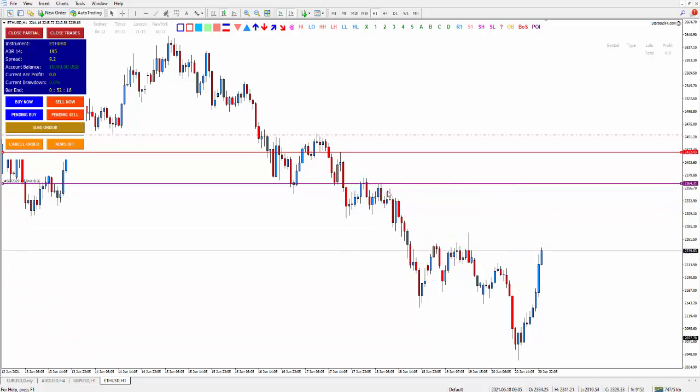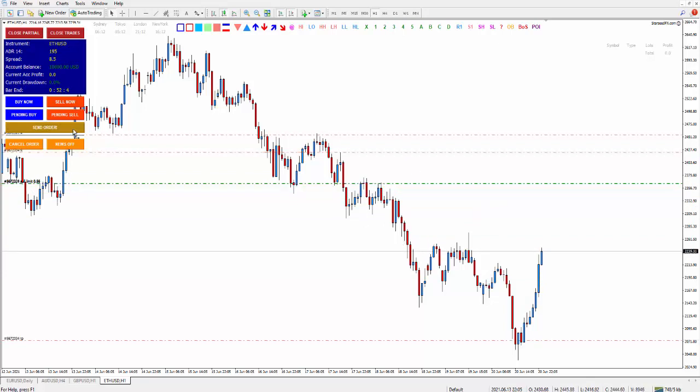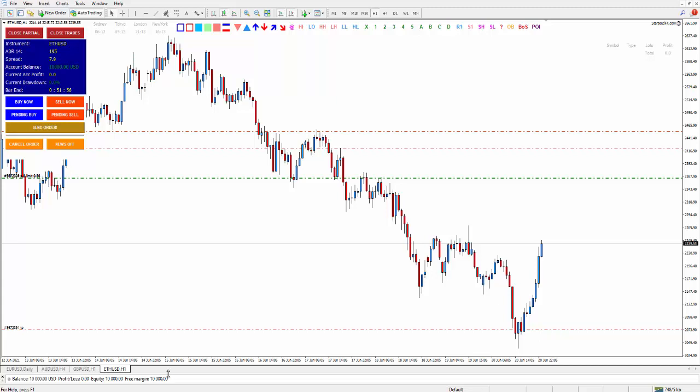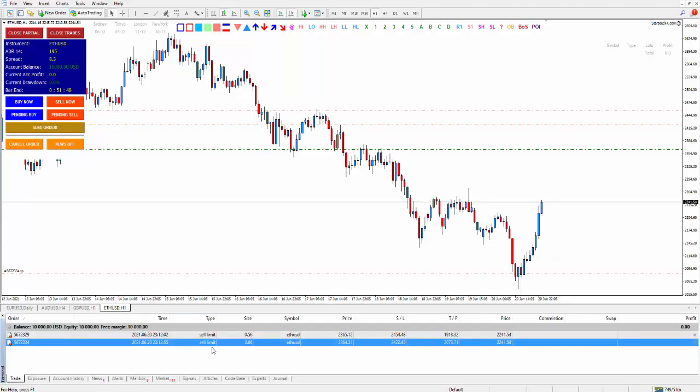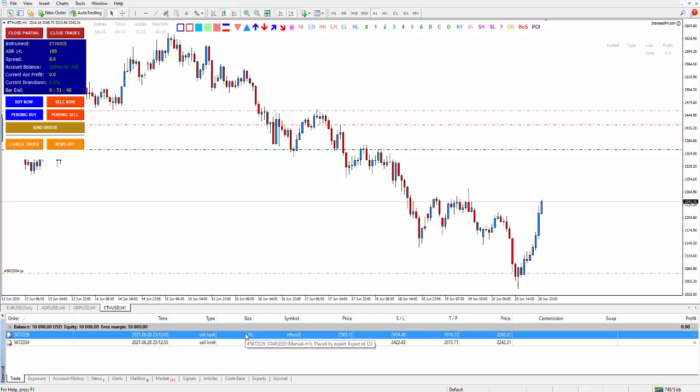Alright? So now, for example, what if I put the stop loss here and I want to start selling here? All right, the same level but a different stop loss, and click send order. Now here it becomes, I think, 0.86. Let me see. You see, one pending order has 0.86 and the other one 0.56 lot size.